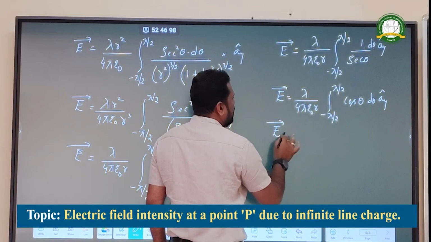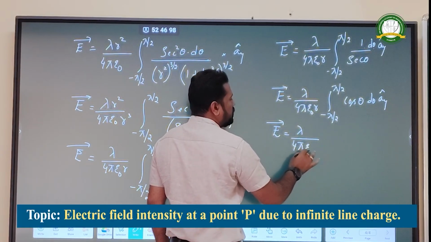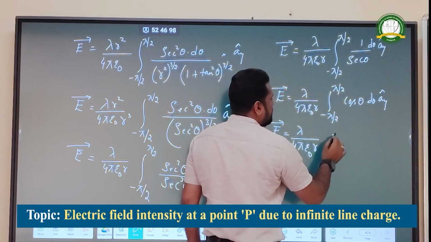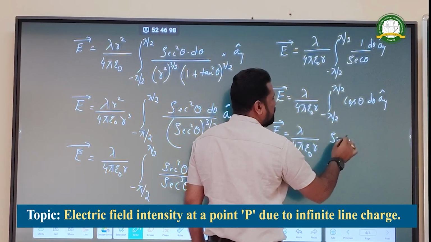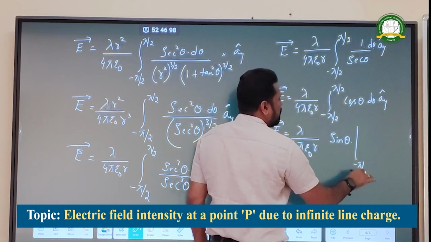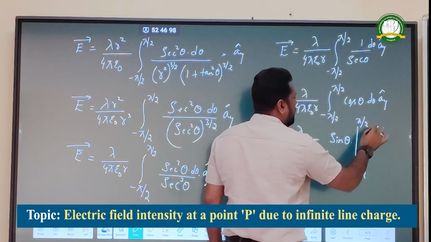Therefore, E vector is equal to lambda divided by 4 pi epsilon naught r, integration of cos theta is sin theta, from minus pi by 2 to plus pi by 2, into ay cap.